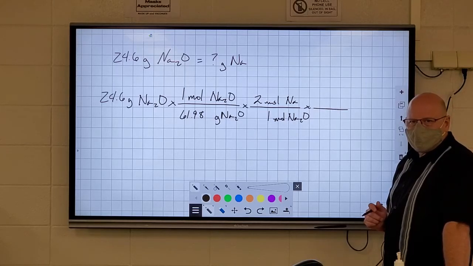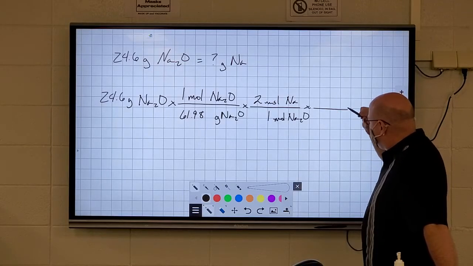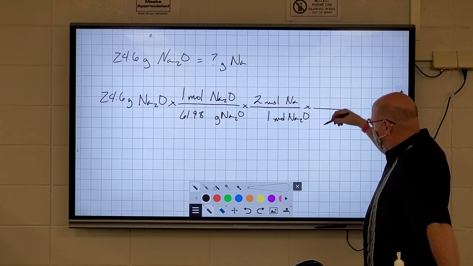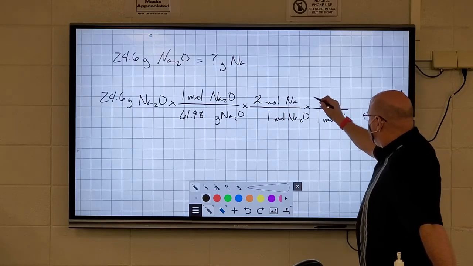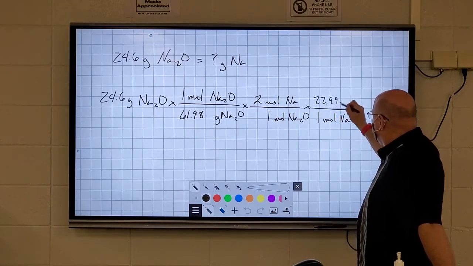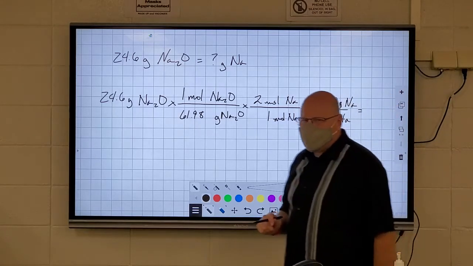We're going to do moles to grams, so 1 mole of sodium is 22.99 grams on the bottom. Okay?